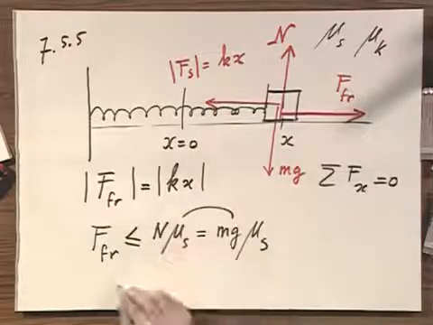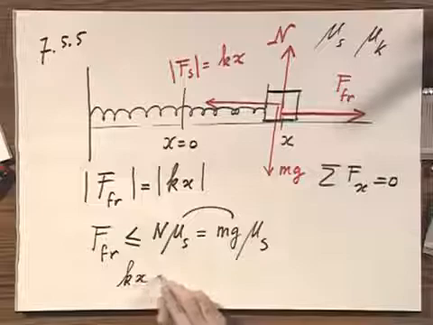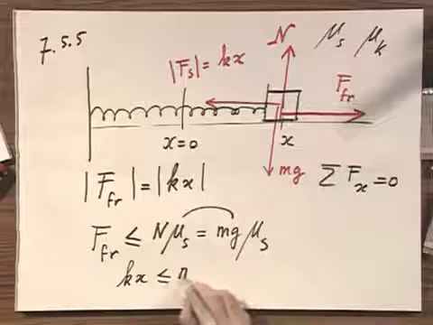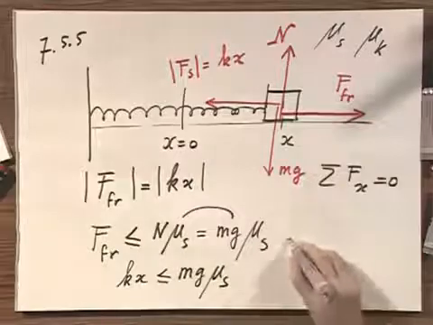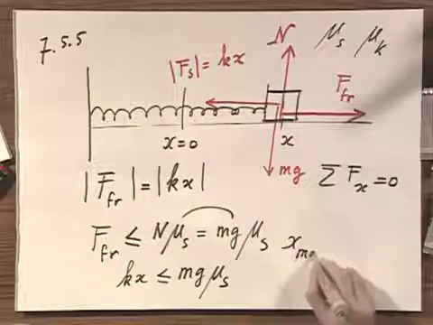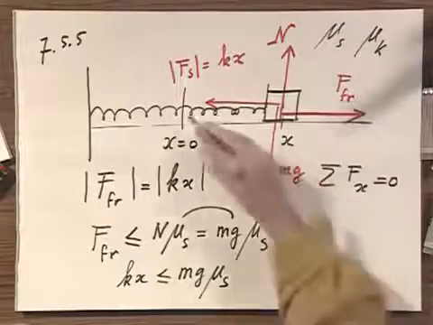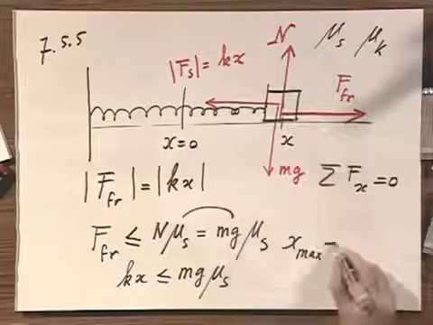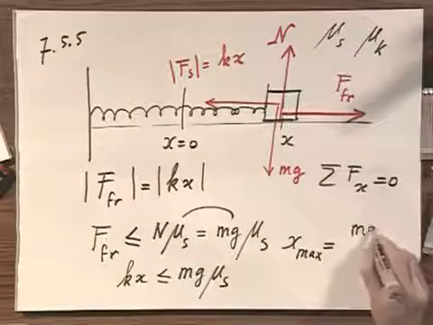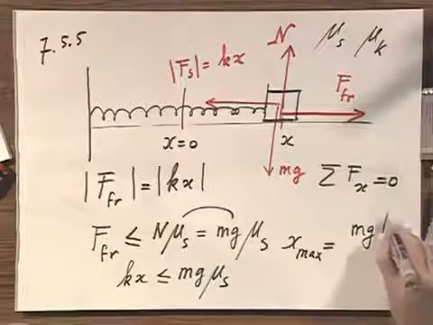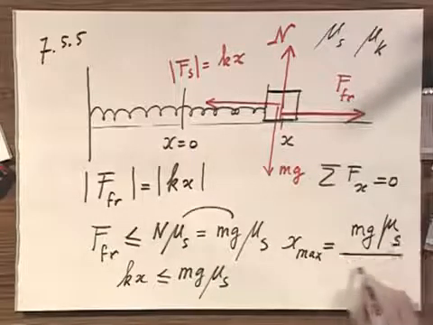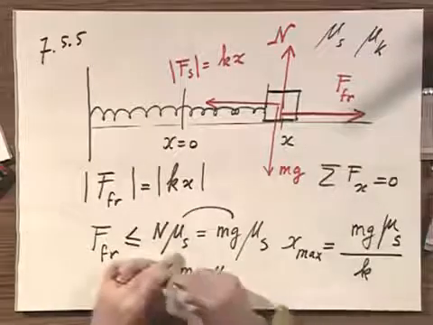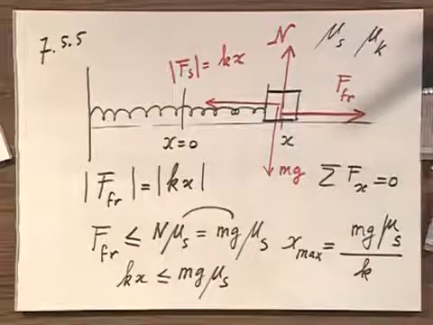And so the requirement then is that kx must be less or equal to mg times mu s. And so what do you find? That the maximum possible distance x, so that I can move this out so that it doesn't start to slide, equals mg times mu s divided by k. And so that's then my final result.